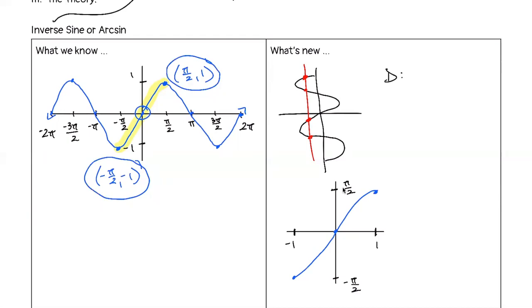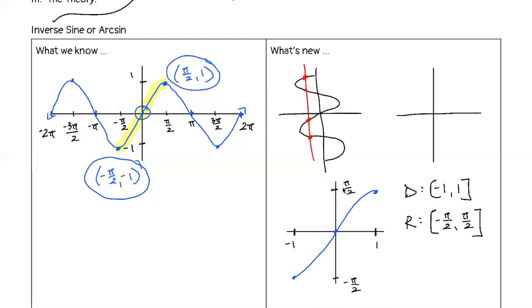So the domain of that graph, let's put it down here. The domain of this graph is all the x values, which is from -1 all the way to 1. And the range is from -pi/2 to pi/2.